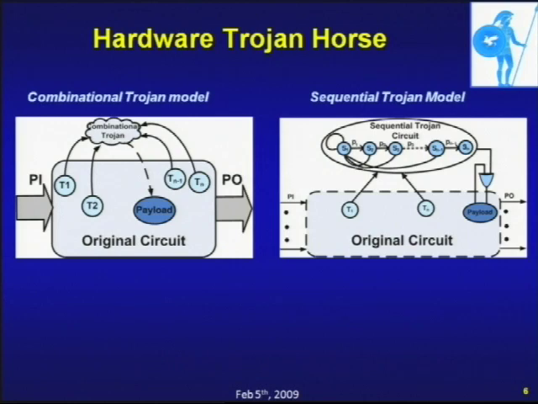Similarly, one can think about a sequential Trojan, like a counter which will trigger a malicious effect in the circuit through long hours of operation. That means only when that circuit goes through a sequence of rare events, it can cause a malicious effect in the circuit.